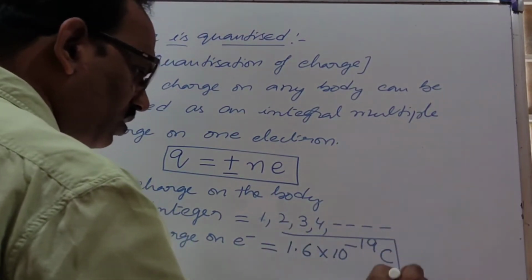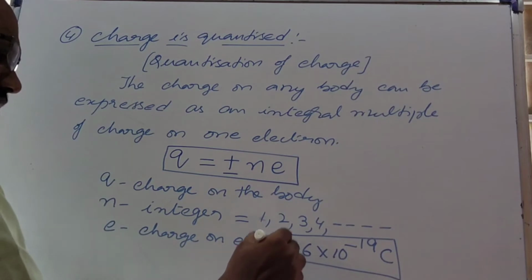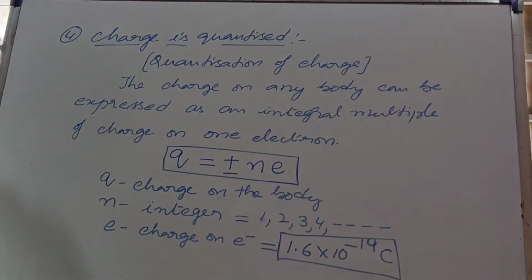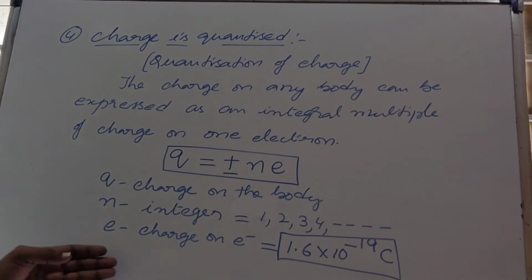The charge on one electron is equal to 1.6 into 10 power minus 19 coulombs. So, the charge on any body can be expressed as the integral multiples of 1.6 into 10 power minus 19 coulombs. Okay, so this is called quantization of charge.